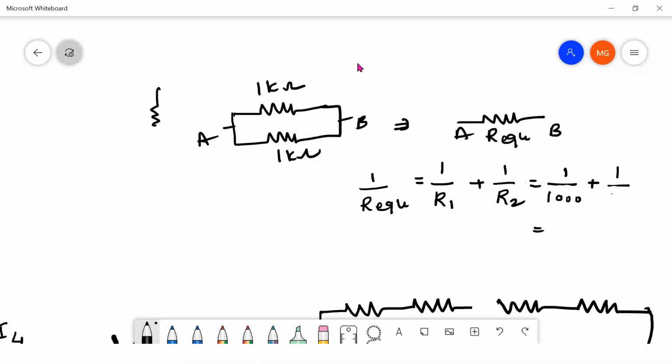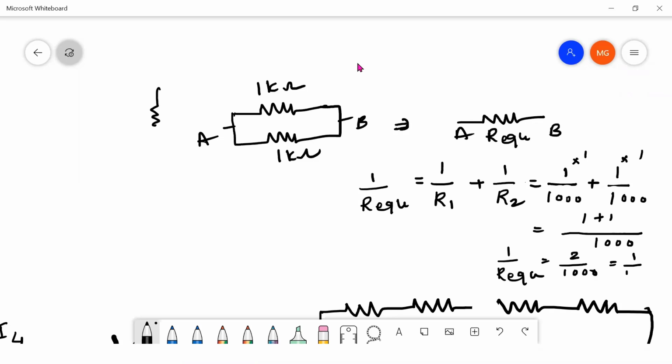So what is 1k? It is 1000. What is the LCM of this? Here it is 1000. Then 1000 into 1, 1000 into 1, 1 plus 1, that is what? 2 divided by 1000. That is equal to R equivalent. What is 2 divided by 1000? This is the 500.